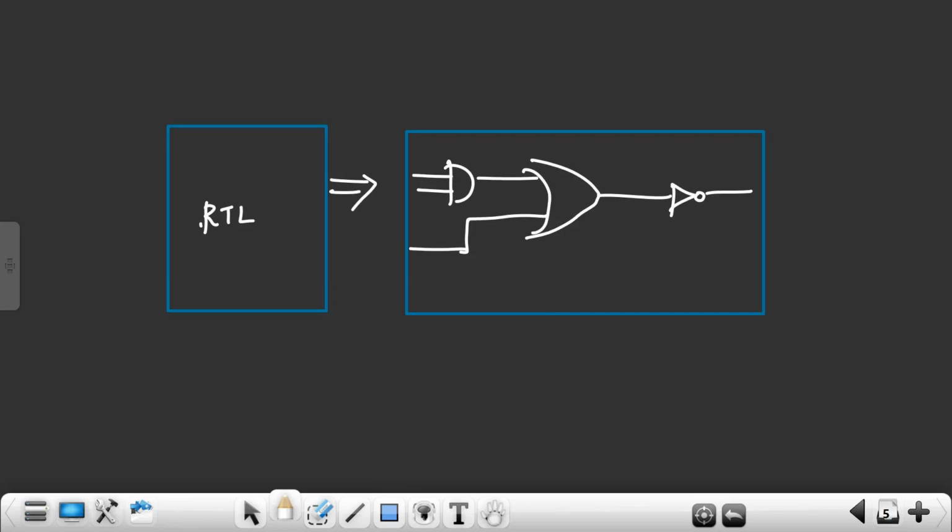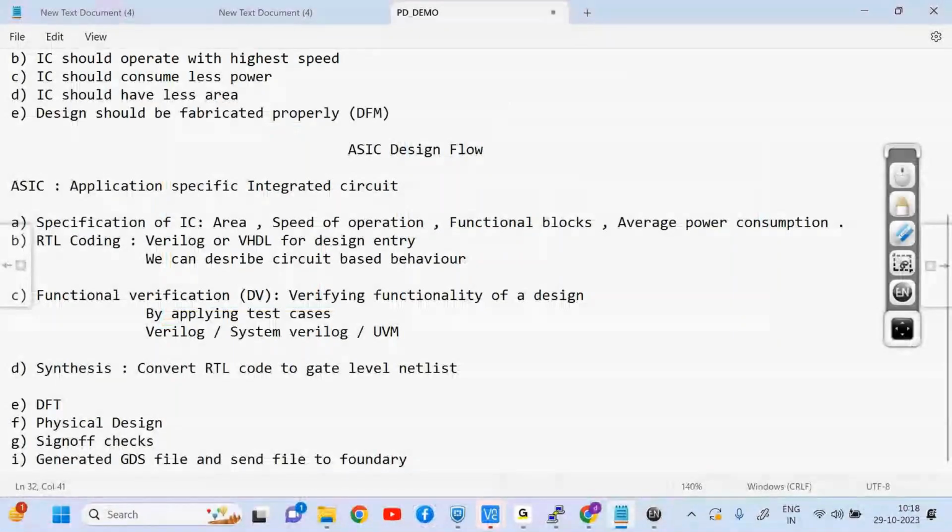So it is a step by step process, not a sudden process. Behavioral is converted to circuit level. This is behavioral form; convert that to circuit form. So synthesis is a very important step for physical design.